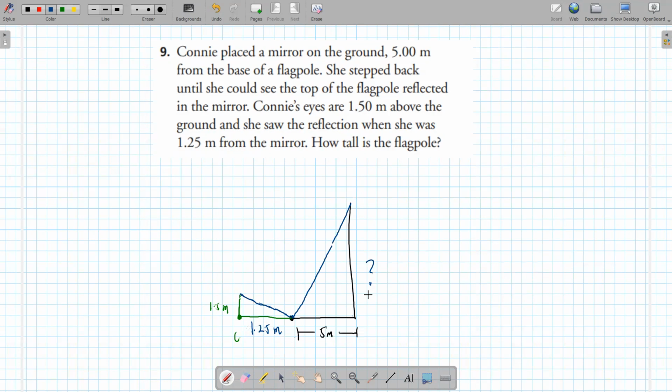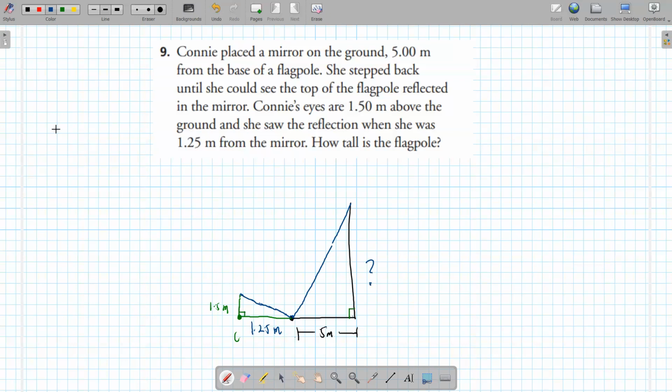All right, so what's our approach here? First up, they're both right angle triangles, right? Because we're drawing it straight down, they're both vertical. Second thing is we need one more to say they're similar triangles.